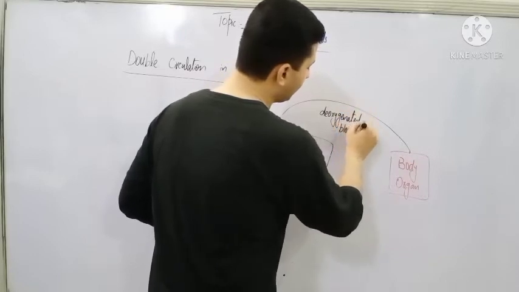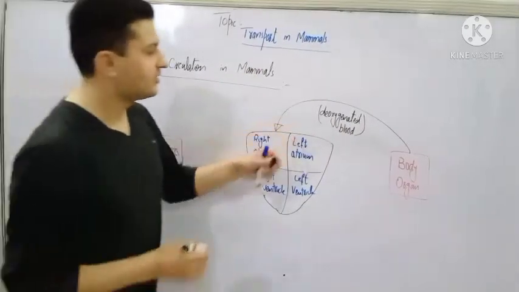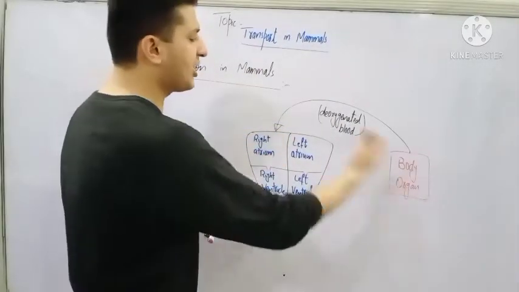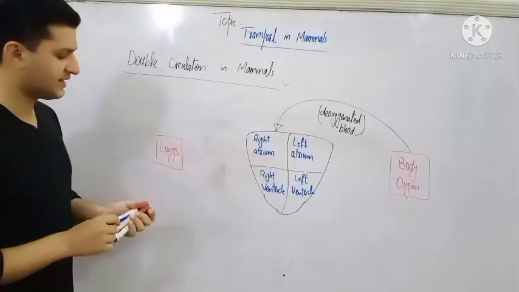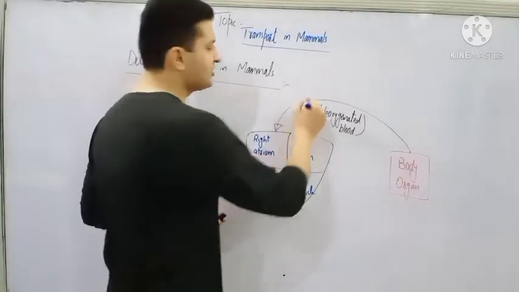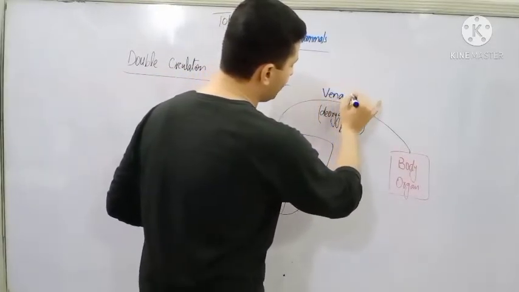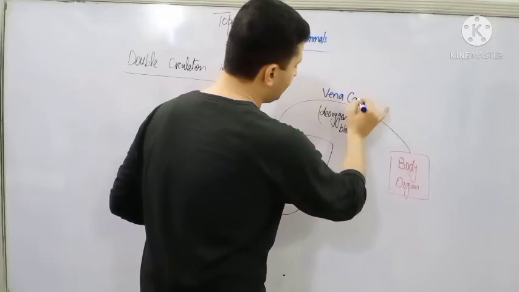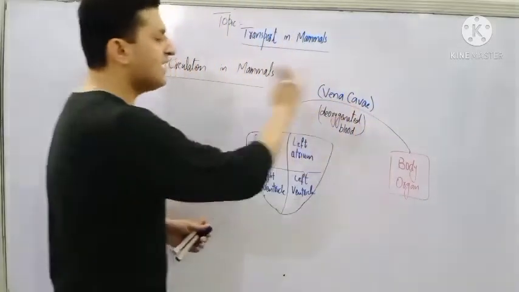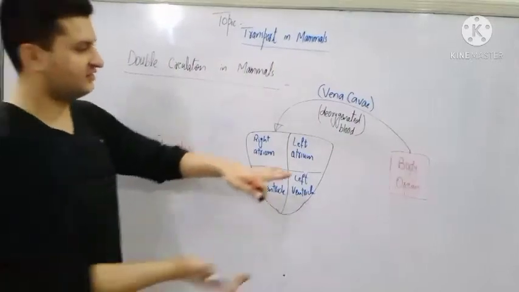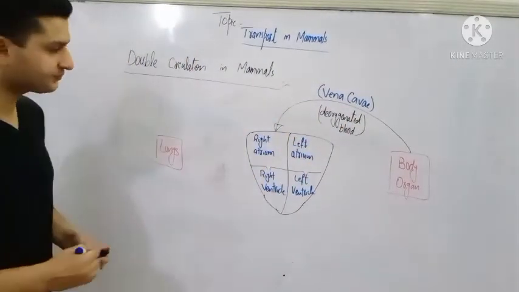Blood having a lesser quantity of oxygen, from the body organs other than the lungs, comes into the right atrium. It comes through the vein known as vena cava. This is the main vein which carries the blood from the whole body organs to the right atrium.